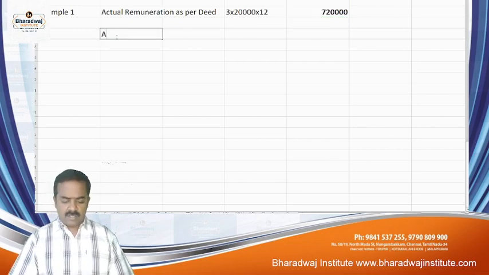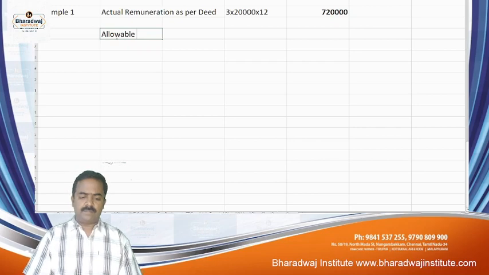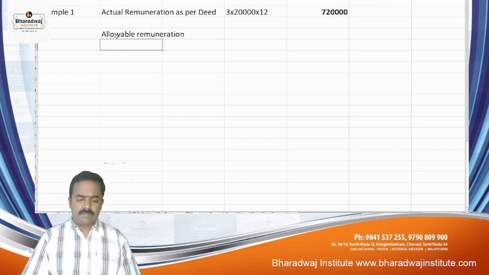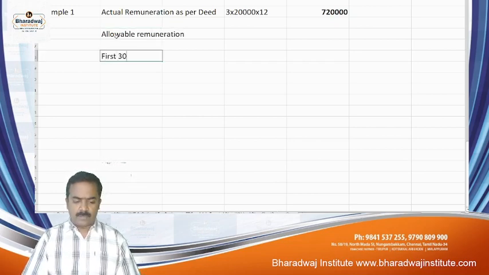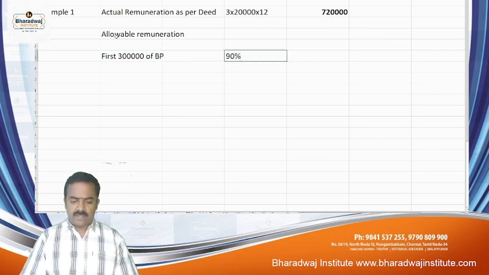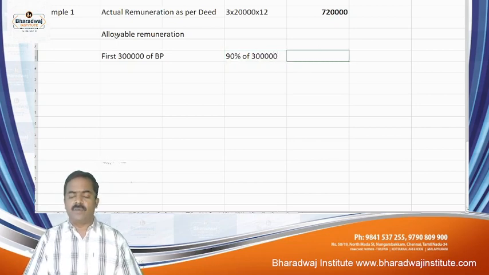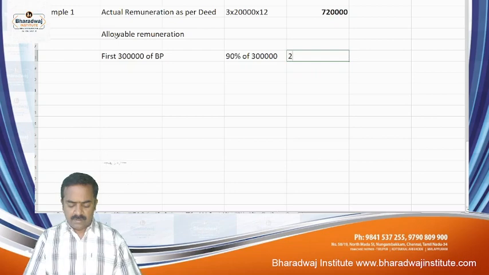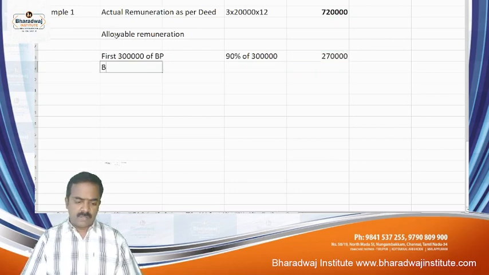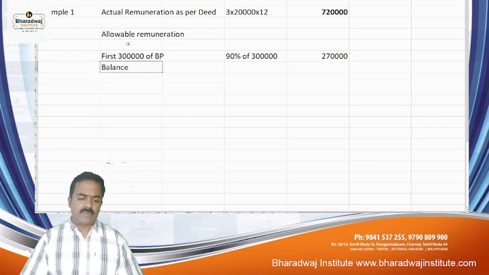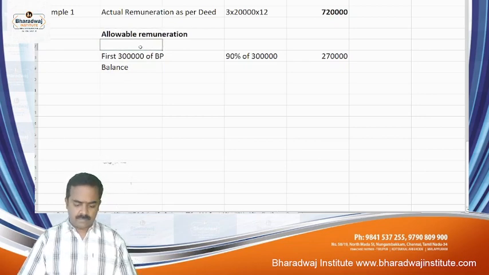Pay attention. Allowable remuneration. On the first 3 lakhs of book profit, how much will you pay? 90% of 3 lakhs or 1,50,000, whichever is higher. 90% of 3 lakhs, how much will it be? 2,70,000. Balance. What is the book profit given? 11 lakhs minus 3 lakhs.